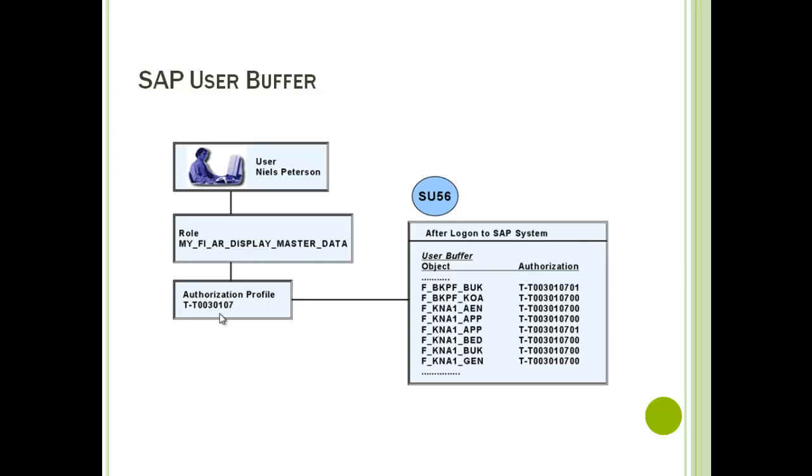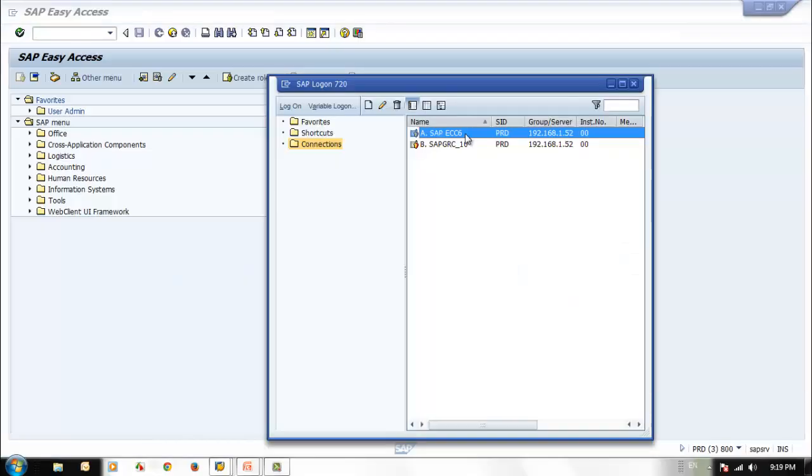If you assign more authorization objects, you will fill up the user buffer with this data, and then the user will not have sufficient free memory for other processes. We can check this user buffer using the transaction code SU56. Let's check in our system.